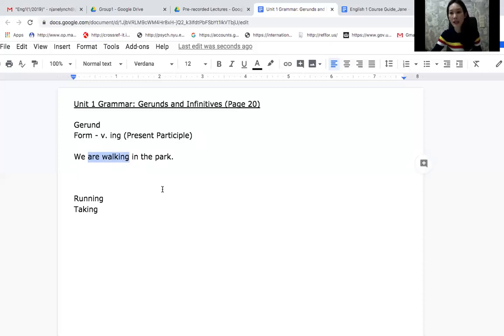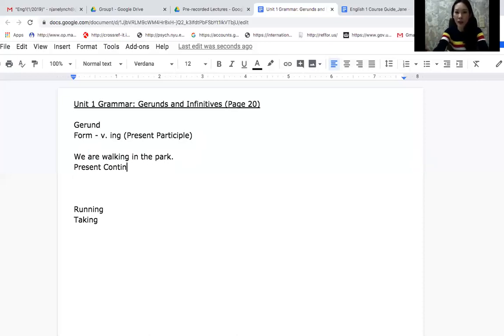And what tense is it? The tense is present continuous. Present continuous is used when you want to talk about any action that is happening right now at the moment that you're speaking.